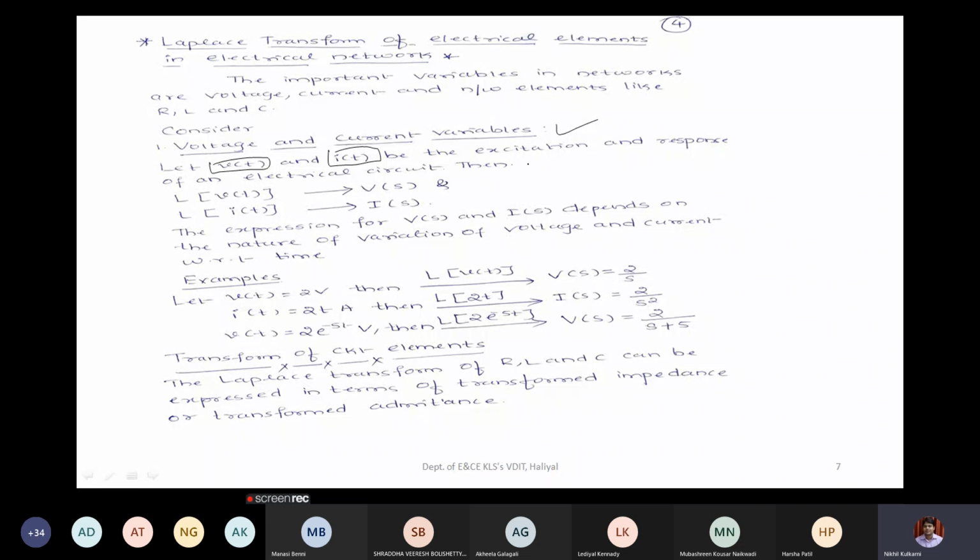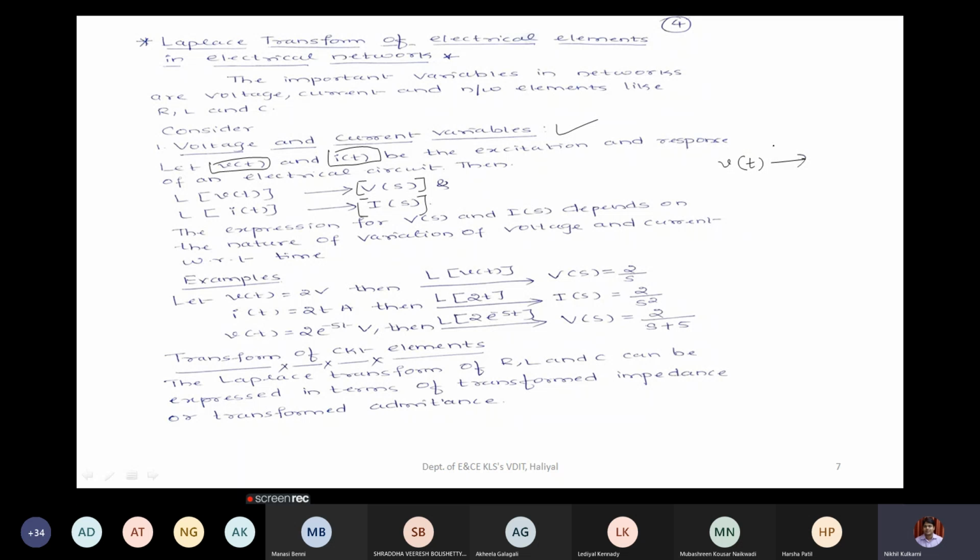The Laplace transform of voltage in time domain with respect to frequency domain: the Laplace transform of V of t is generally taken as V of s, and similarly I of t will be considered as I of s.